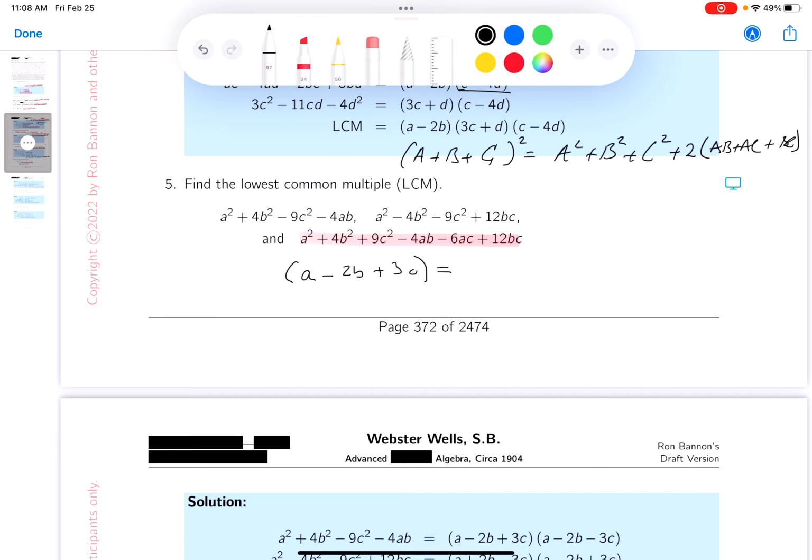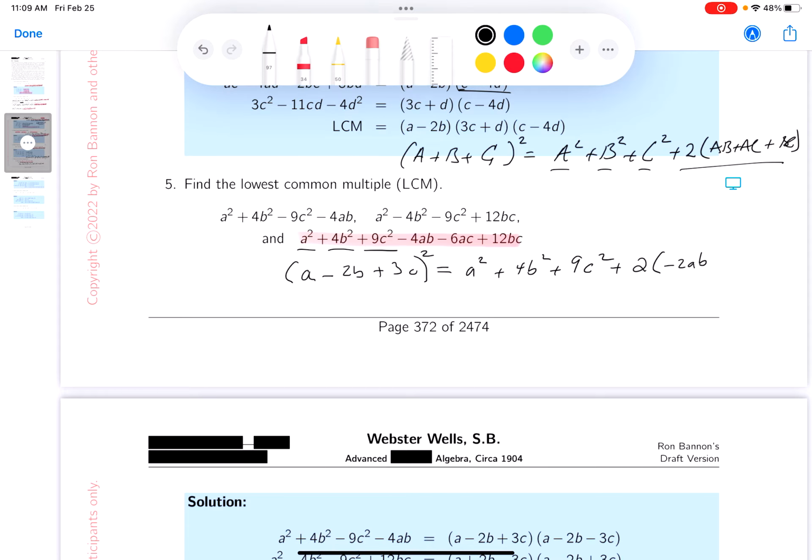All right, now suppose we square it. I want to see if I get this. Let's put this down. What I mean by this is what's in the problem. So that will be A squared plus 4B squared plus 9C squared. I'm definitely seeing that. Now let me write the next thing down, 2 times A times the B, which is going to be minus 2AB.